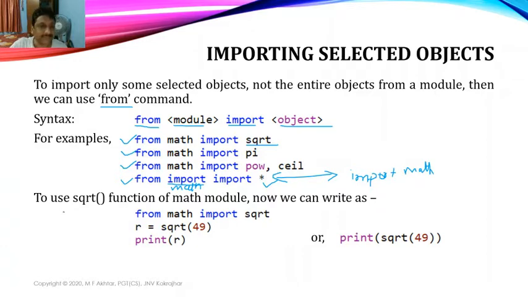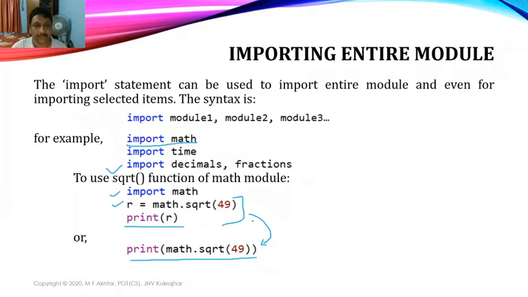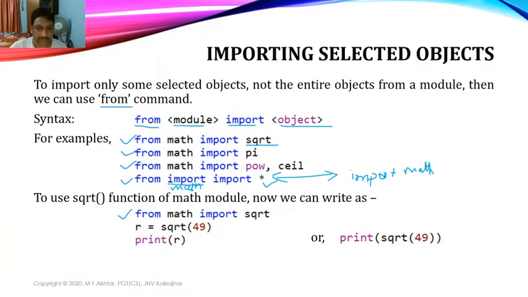What is that? To use the square root function of the math module, now we can write from math import sqrt, like this. We have seen the previous example, and here we are doing the same thing with the from command. Now see what we have done here.